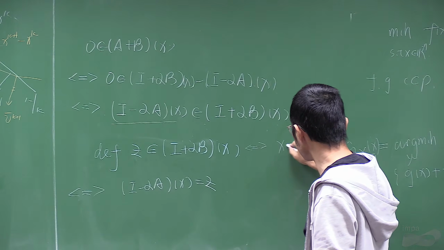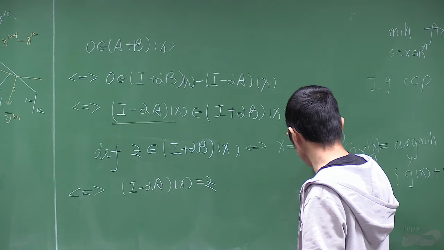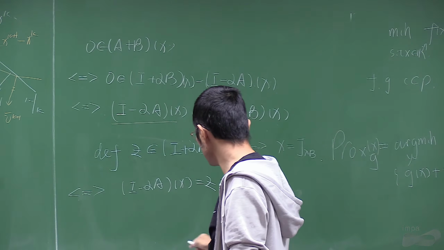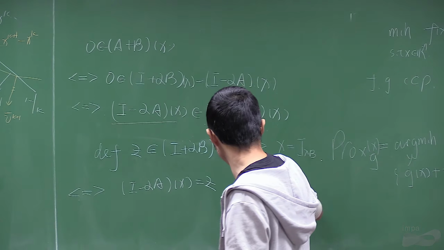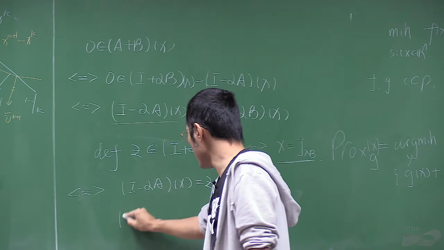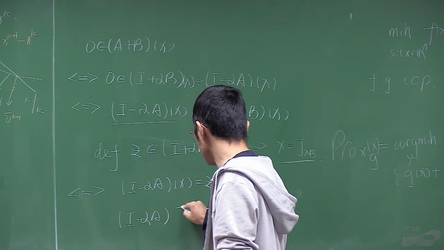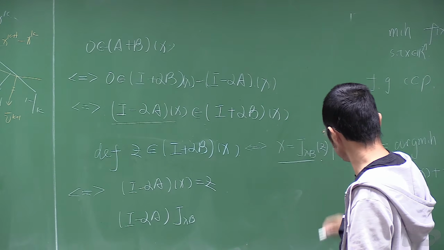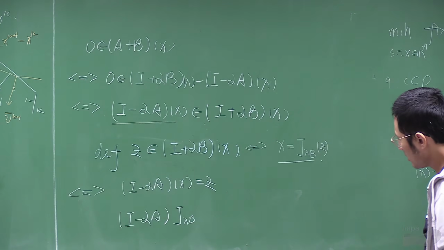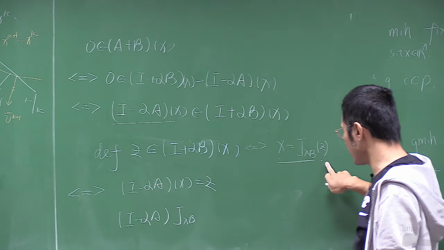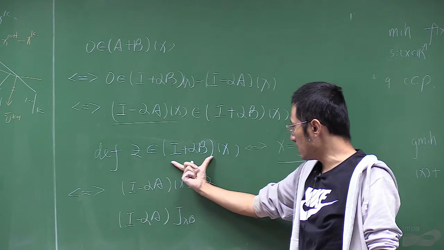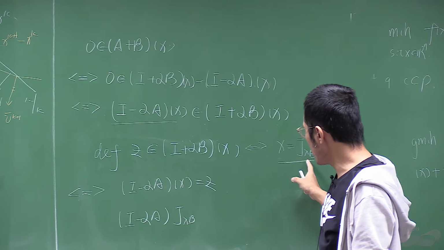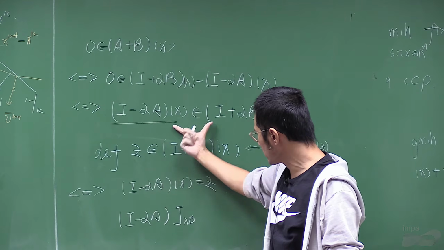Then we have X equals the resolvent of B at Z. We define Z belongs to the output of this operator, and the input is X, and by the definition of the resolvent, because Z is just one vector, this inclusion becomes an equality, okay?